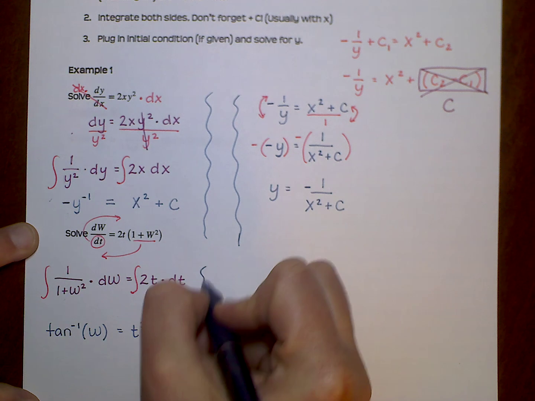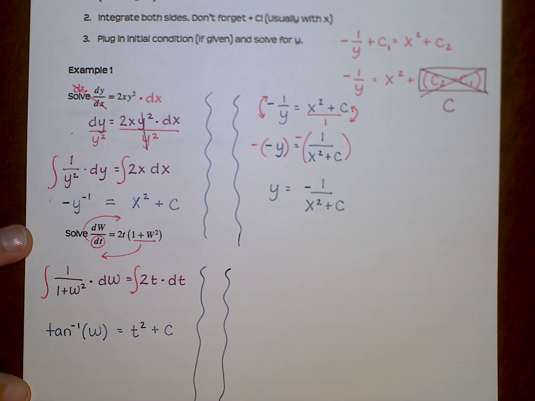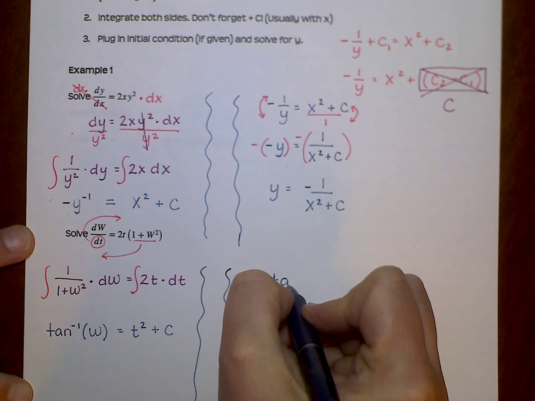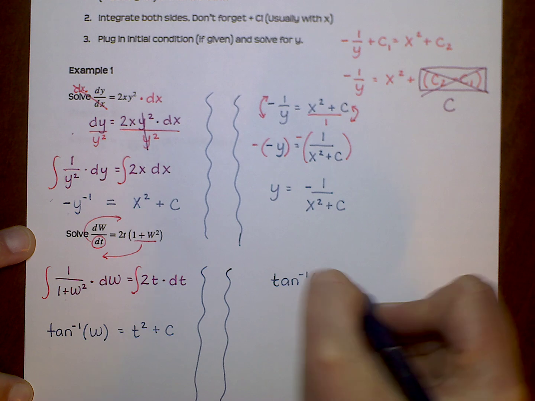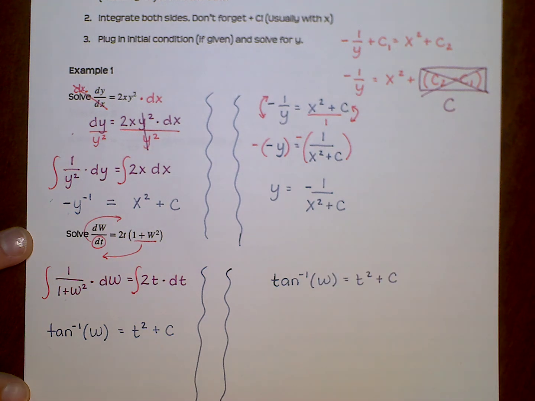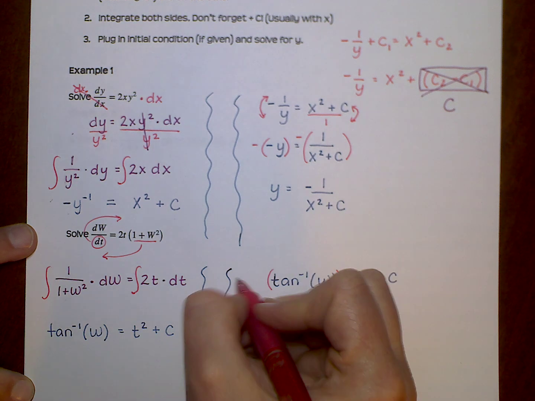Normally, I would stop right here and solve for whatever c is equal to, but I'm not going to. Now I have to think about how to get w back by itself. So let me just rewrite my new equation here. So tan^-1 of w equals t squared plus c. So how do we undo an arctan? Well, I would undo an arctan with a regular tan.